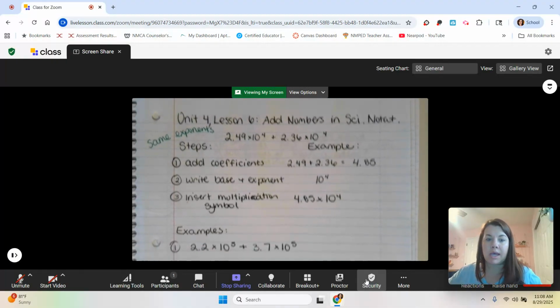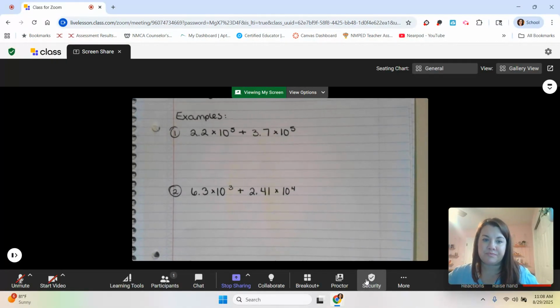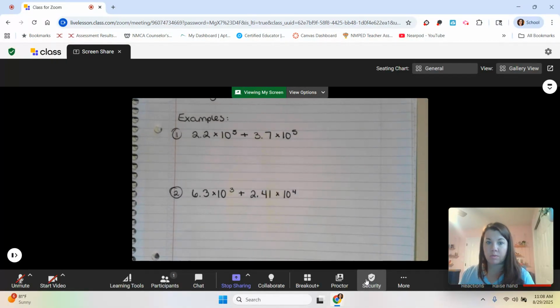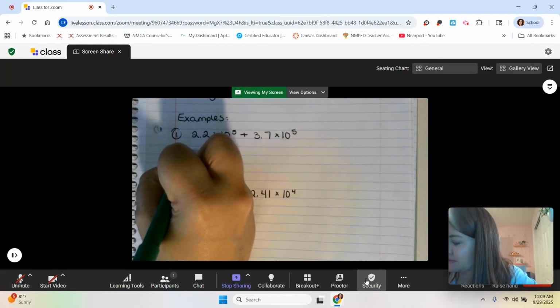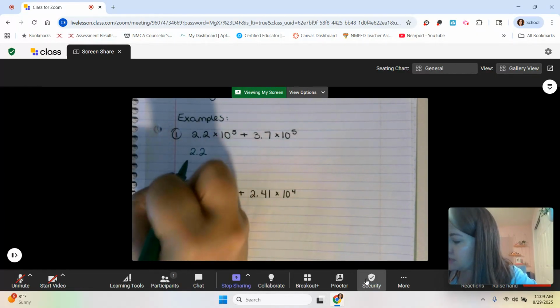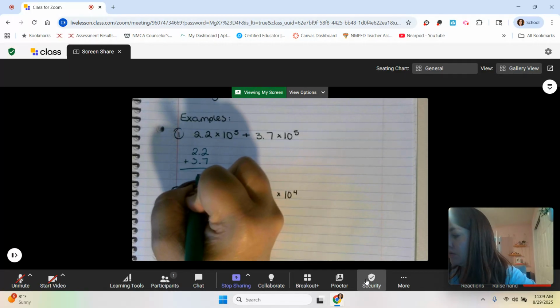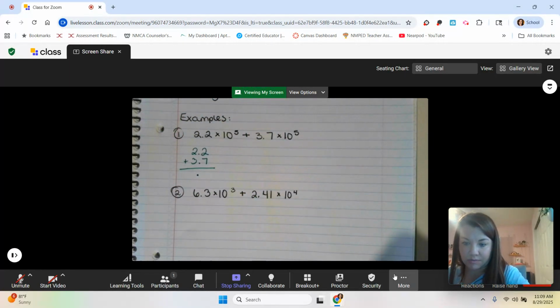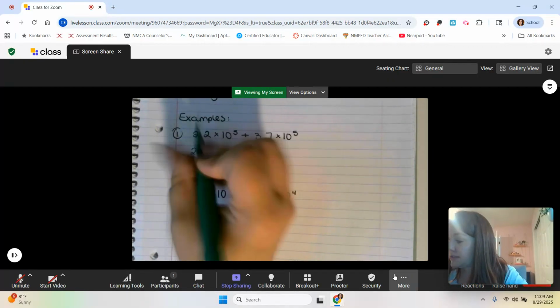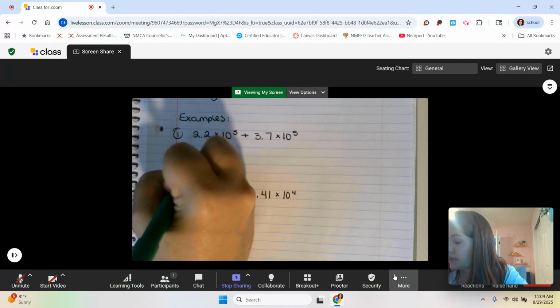So let's go through some examples. With number 1, we have the same exponent. Yay! Right? Because then we can just add the decimal values. So 2 and 2/10 plus 3 and 7/10. Remember, when you are adding your decimals, you have to line up your decimal point. So 2 plus 7 is 9, 2 plus 3 is 5.